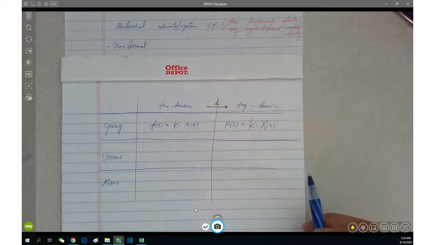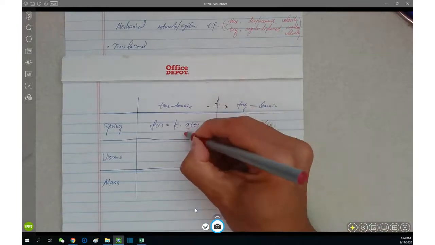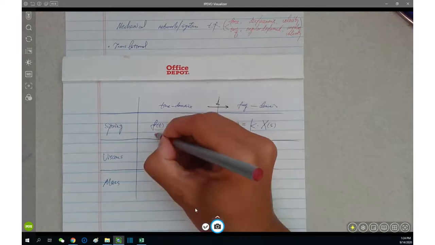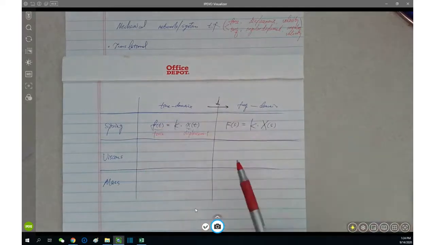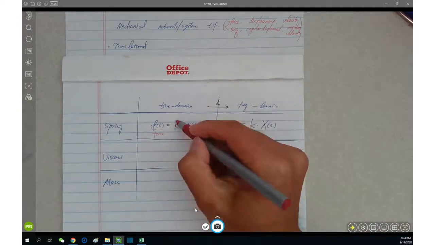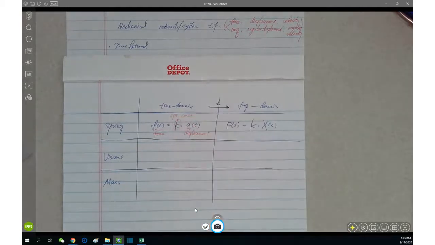So the force equals the product of the spring constant times the displacement introduced. It's very easy behavior.